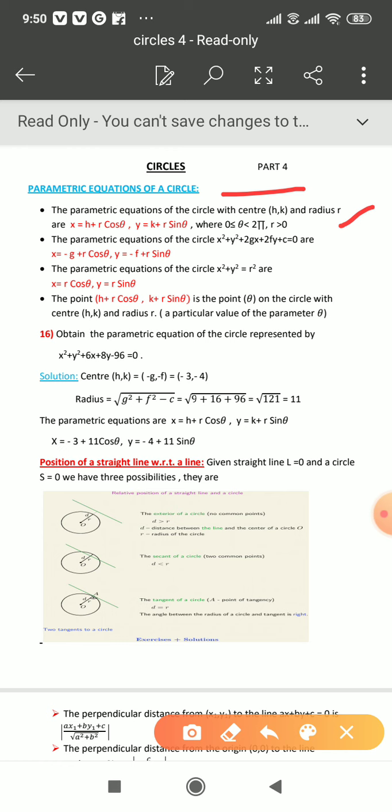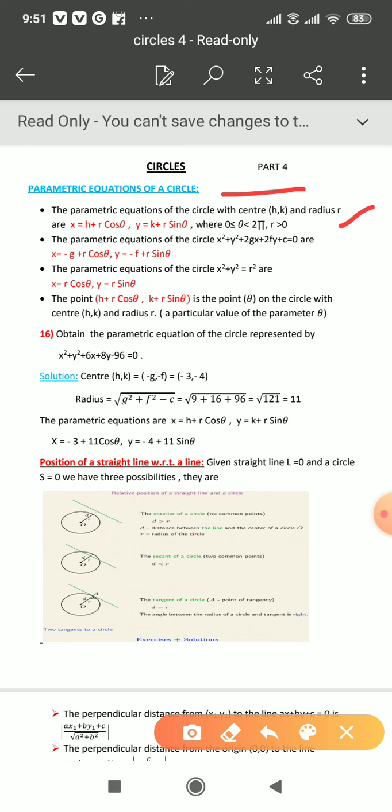Why do we find these parametric equations? If we have a circle, the circle consists of infinitely many points on its circumference. So if you want any point on the circle, using these parametric equations, the point (h plus r cos theta, k plus r sin theta) is a point on the circle with center (h, k) and radius r.